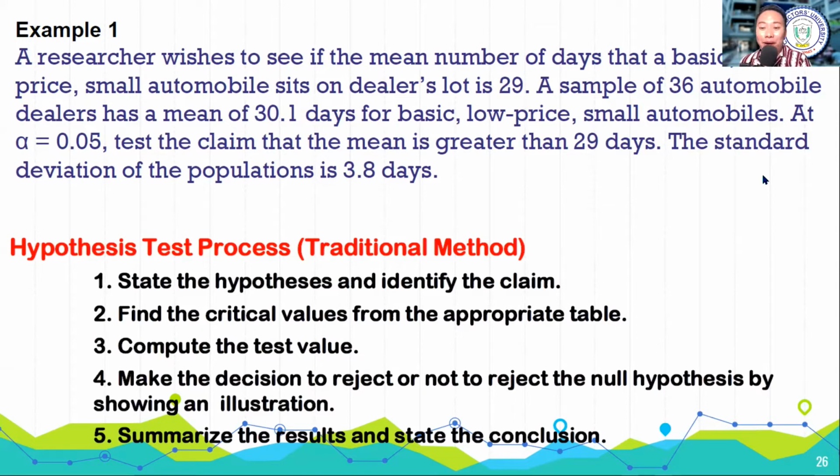Reading the problem again, a sample of 36 automobile dealers has a mean of 30.1 days. In other words, that 30.1 days is a mean coming from the sample. The 29 average, guys, is the mean coming from the population. Are we good?